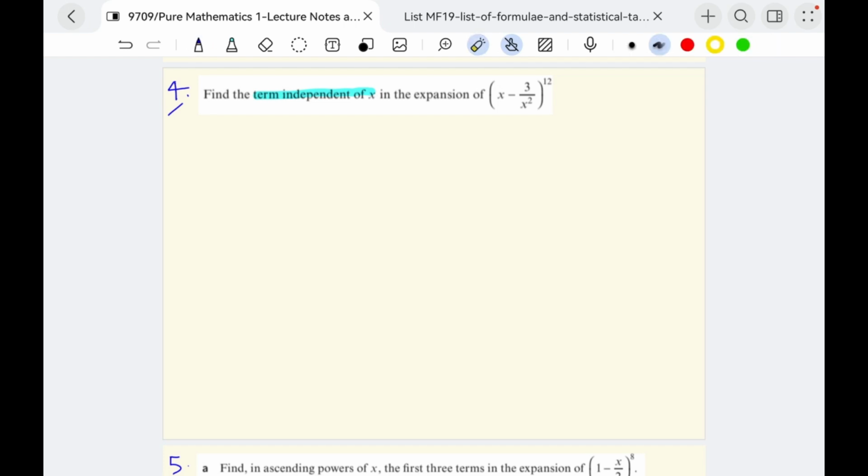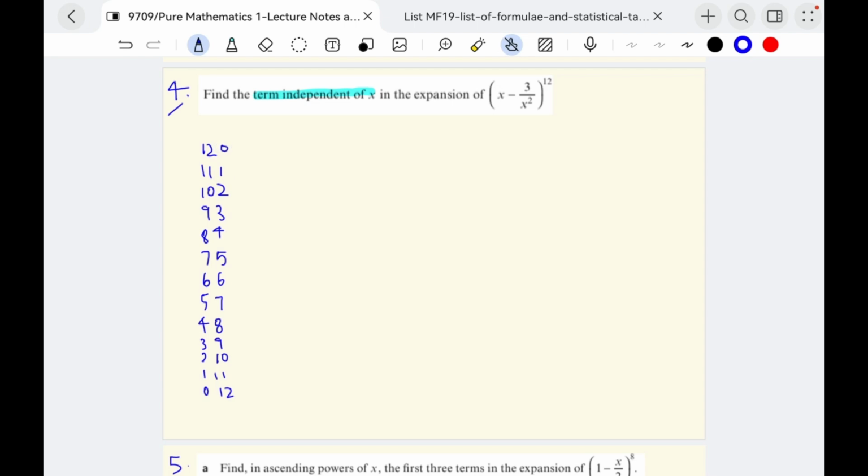Given that there's a degree of 12, list out 12, 11, 10, 9, 8, 7, 6, 5, 4, 3, 2, 1, 0.